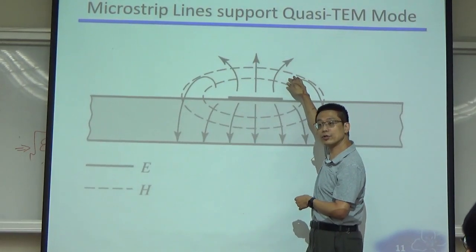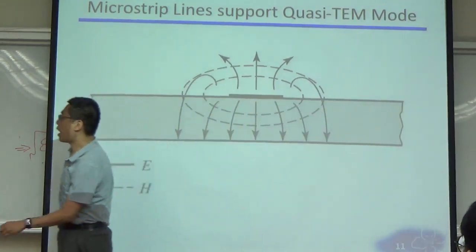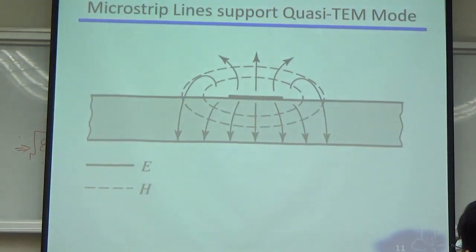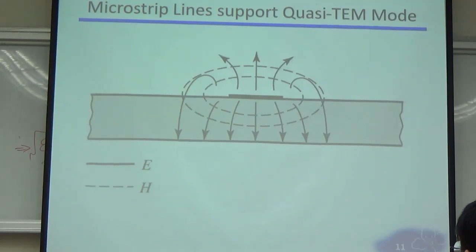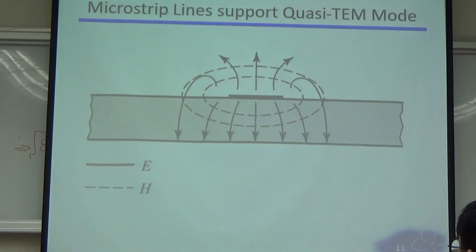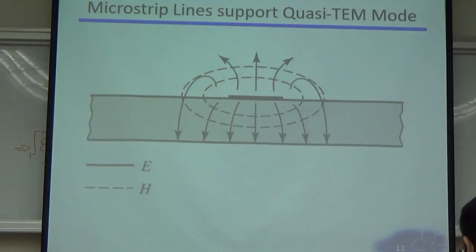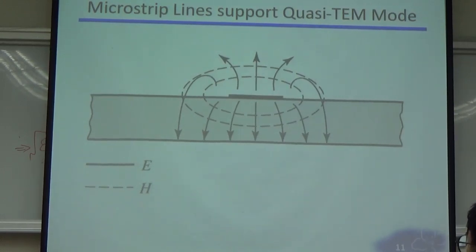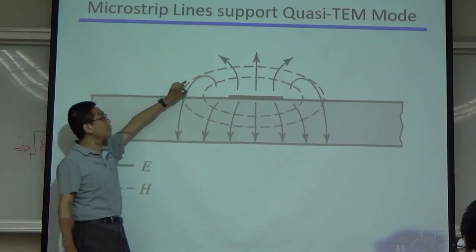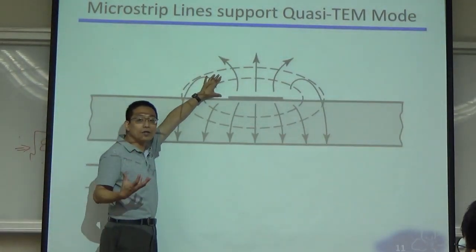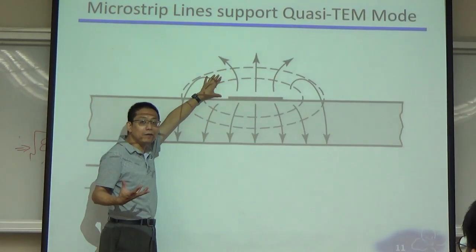So you need to use epsilon E instead of epsilon R because of the leakage. Your EM waves are in the air and also in the material. If everything is in the dielectric, it is a TEM mode. Some part of it is leaking outside, so we can only use the quasi-TEM mode.